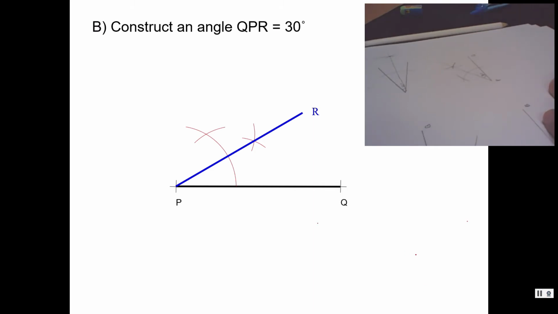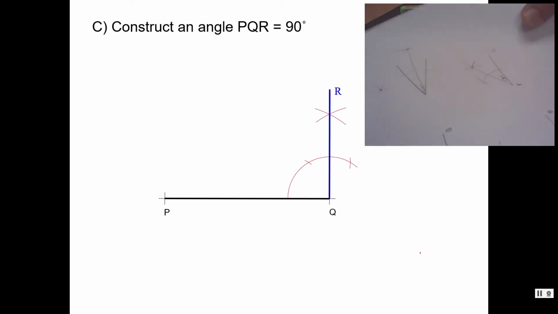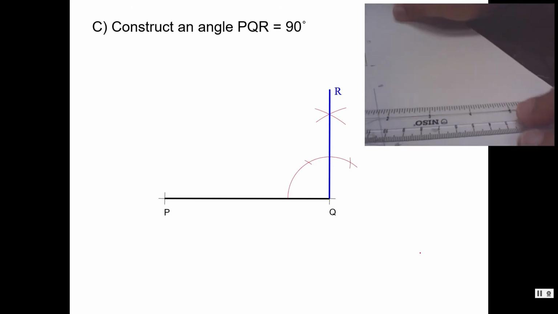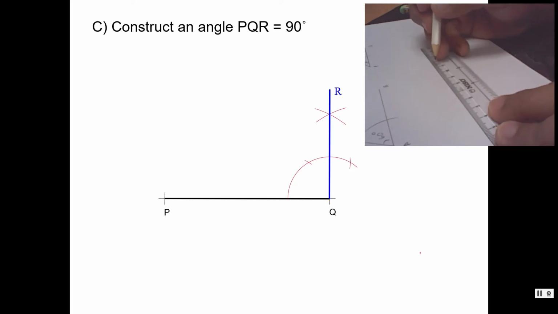Now we move to the other angle, which is the 90 angle. Let's see how we can do it. Draw the PQ line first.